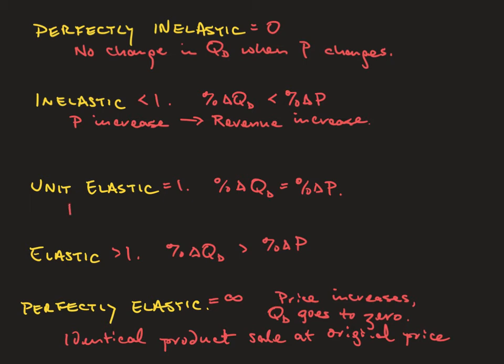Unit elastic, a price increase leads to the same revenue. So this is seeing things from the perspective of a seller who might be able to set price, for example. Elastic means that when the price increases, revenue decreases.